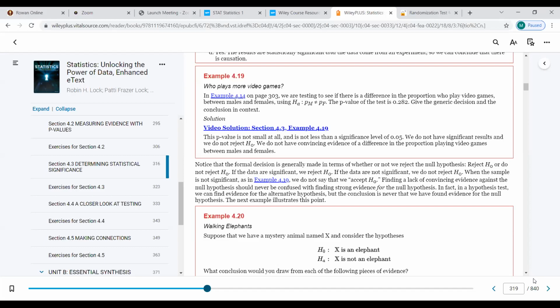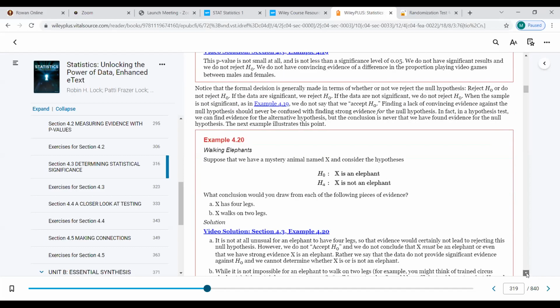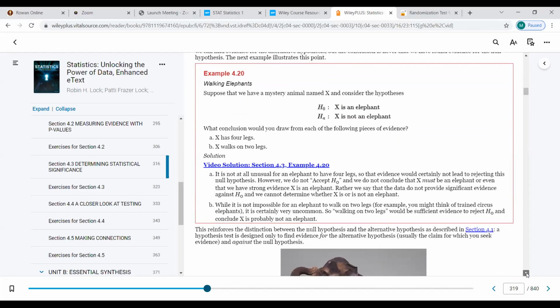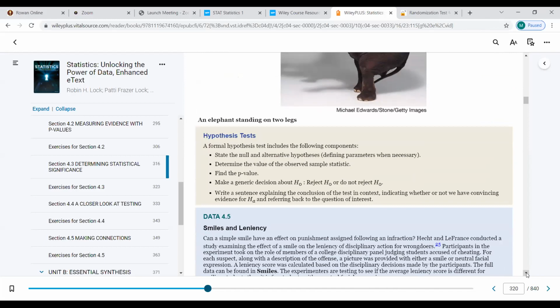Now, it is very important that because the alternative hypothesis says not equal to, we need to multiply the area that we're looking at by 2 so that we get the proper p-value. We always do that for the two-tailed test. Okay. Any questions?